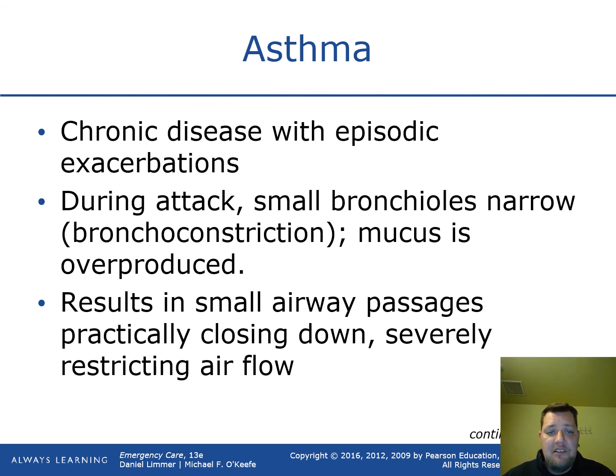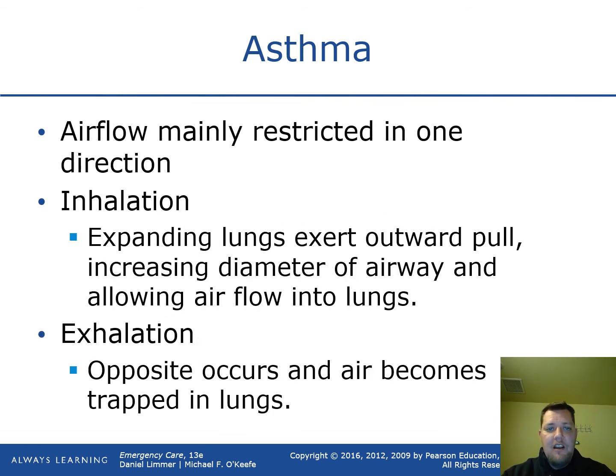Mucus is overproduced, and this results in small airway passages practically closing down and severely restricting the airflow to the lungs. Okay, airflow is mainly restricted in one direction. In inhalation, expanding lungs exert outward pull and increase the diameter of the airway, allowing airflow into the lungs. On exhalation, the opposite occurs and the air becomes trapped in the lungs. So you can get the air in, you just can't get the air out.